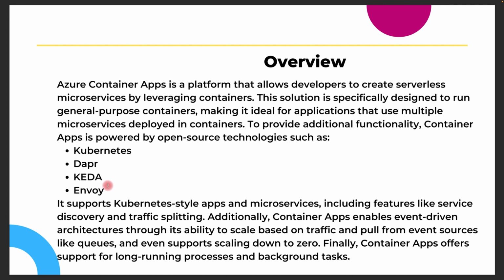Next, Envoy is a high-performance distributed proxy designed for single services and applications, as well as a communication bus and a universal data plane designed for large microservices. Azure Container Apps uses Envoy as a network proxy.